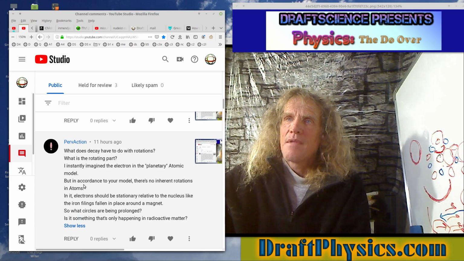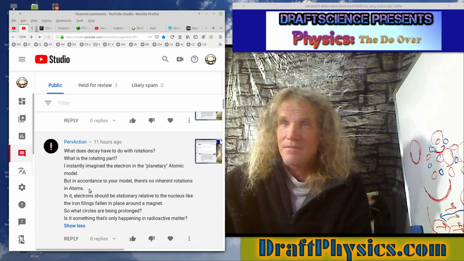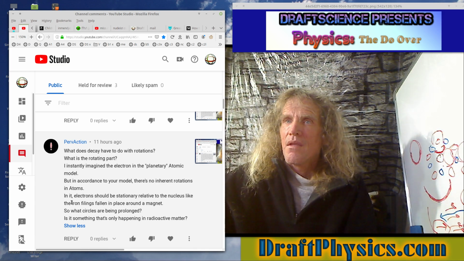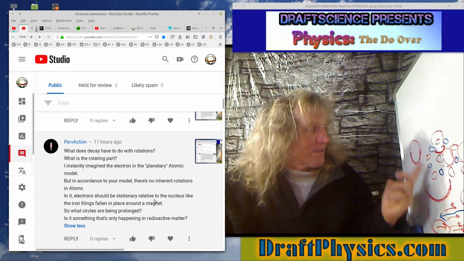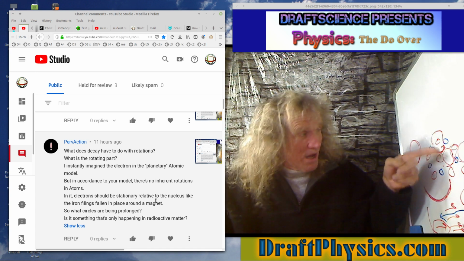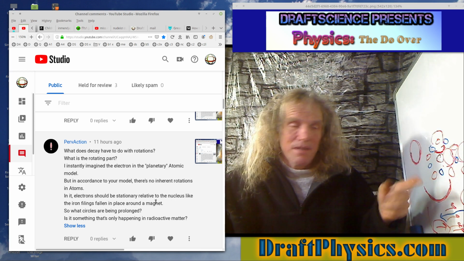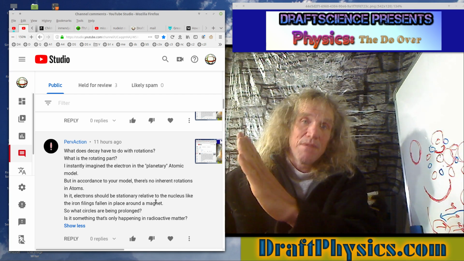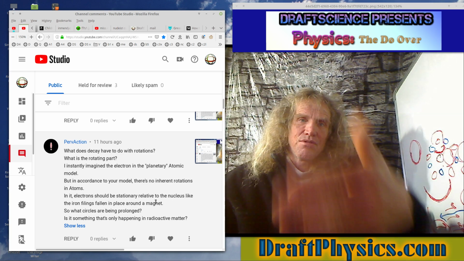But in accordance with your model, there's no inherent rotation in atoms. The rotation is in the movement of the force between them. In it, electrons should be stationary. Well, it's pointed out nothing's stationary, and I certainly pointed out electrons are never stationary, based on this whole odd number theory. They've always got to move somewhere, because there's never a perfect balance between their momentum in this direction, this direction, this direction.